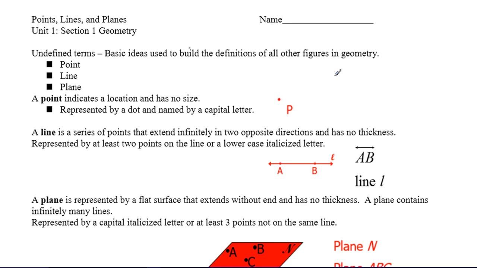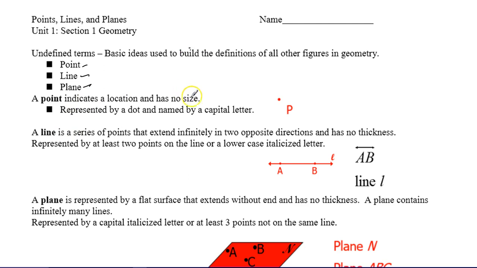So we're going to start off with three terms that are the basic ideas used to build all the definitions for figures and geometries. And those three terms we see right here are point, line, and a plane. The first one is a point.